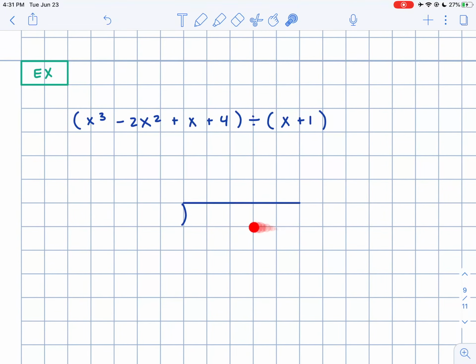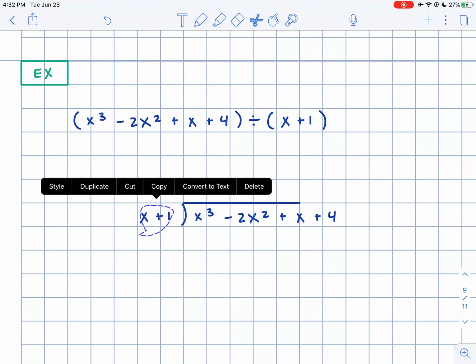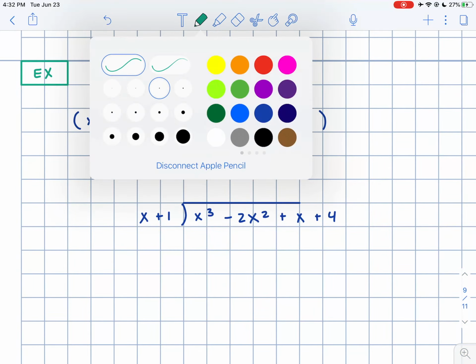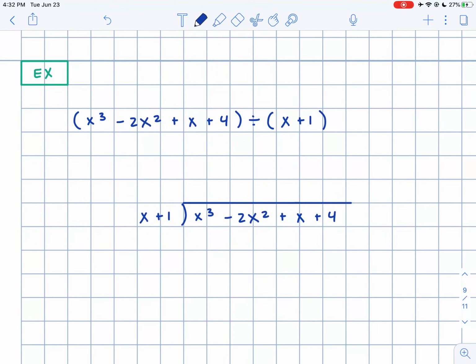Same thing. What goes on the inside? The higher degree polynomial. Which one has a higher degree? Well, I see this one has a degree of 3, and this one has a degree of 1. Therefore, this one must go on the inside, and this one must be on the outside. Let me just fix this.